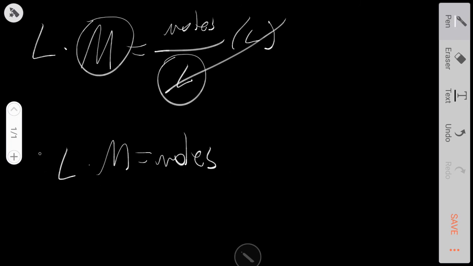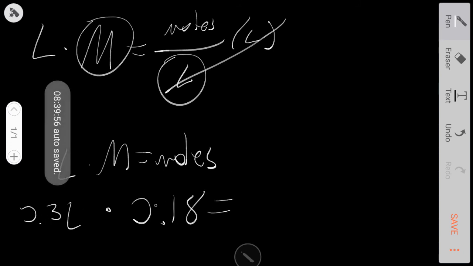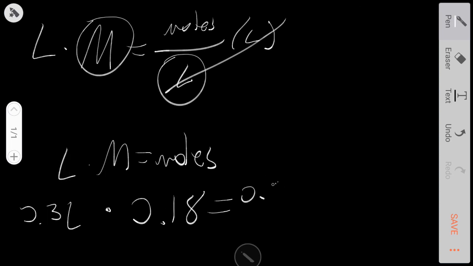So liters here is going to be 0.3 liters. You can convert 300 milliliters to liters on your own. I'm sure you guys can do that. If not, let me know. And I'm telling you the molarity is 0.18. So 0.3 times 0.18 is equal to 0.054 moles. I'm not done yet because my question is asking for grams. The molar mass of NaCl is 58.5.